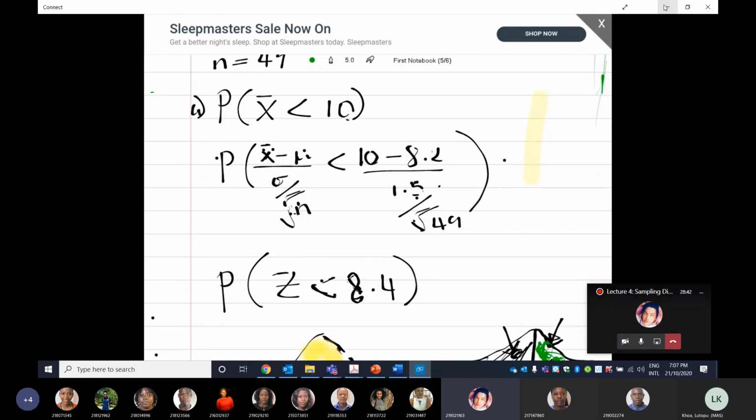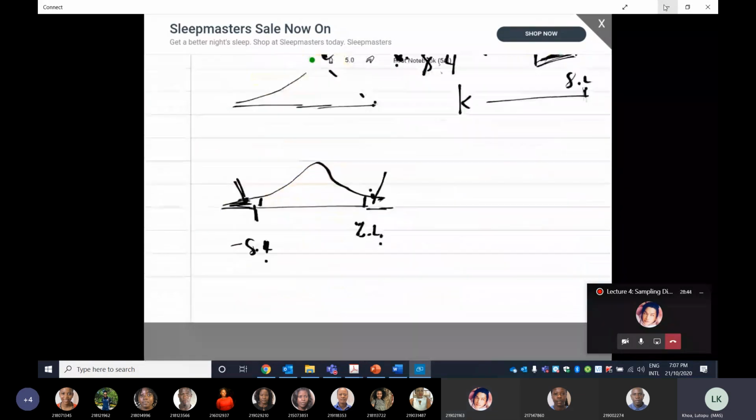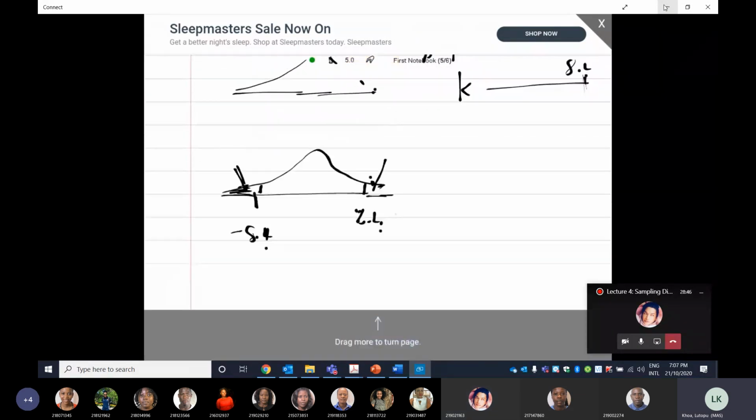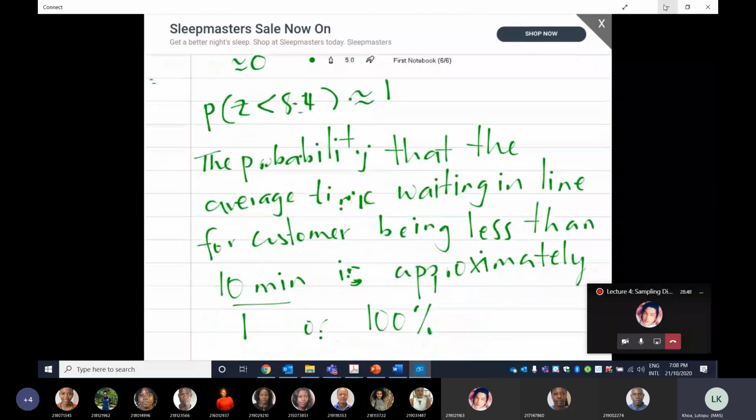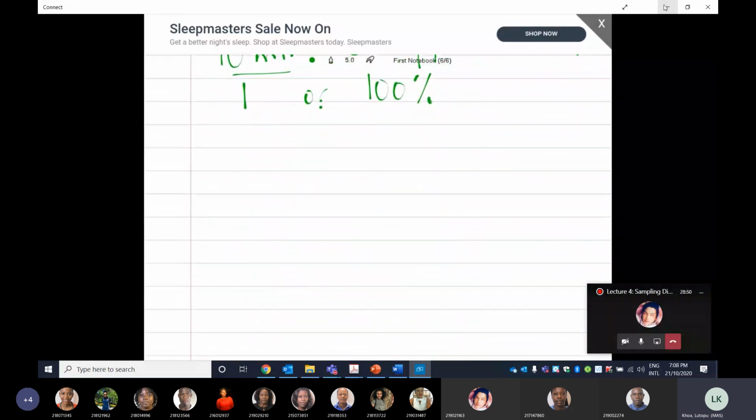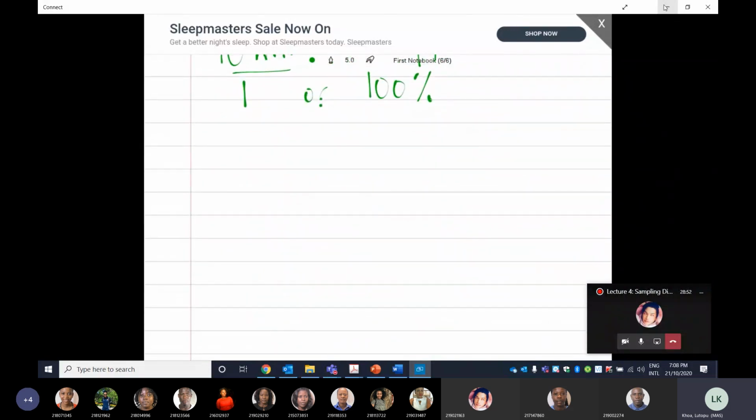Thank you. Okay, let's go over it again. So we standardized it. I think the standardizing is a basic thing. You just subtract mu, you divide by standard deviation over the square root of n. So I think that one should be fine. Now it's reading the table that is a problem.